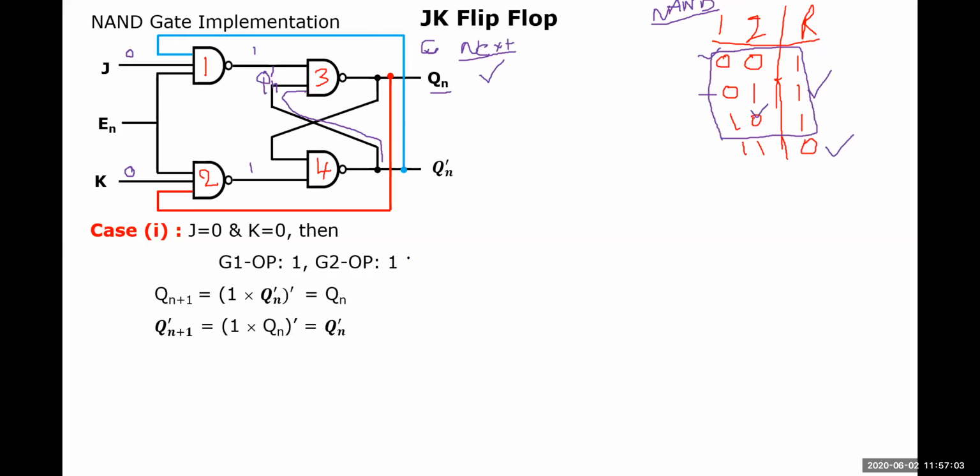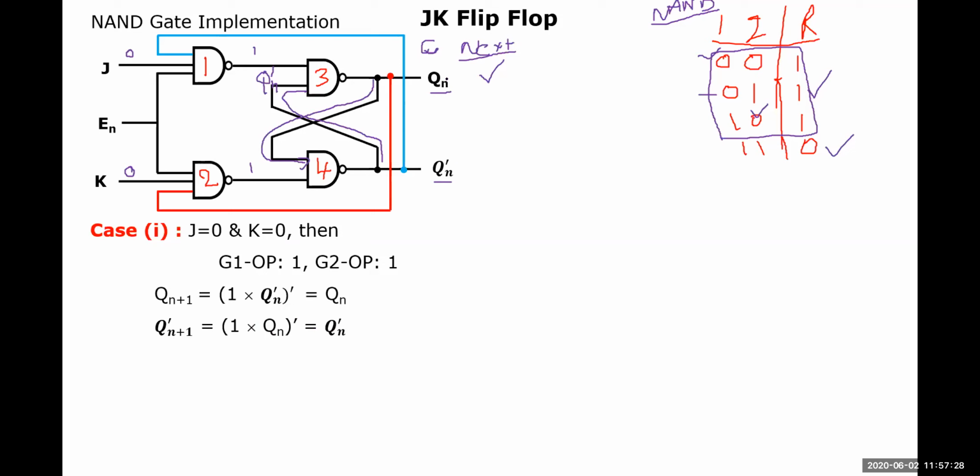Then followed by Qn complement, what is the next state of this? Qn plus 1 whole complement equals, here already one input is 1, and the second input is being propagated from here to here. So 1 into Qn whole complement equals Q complement n.